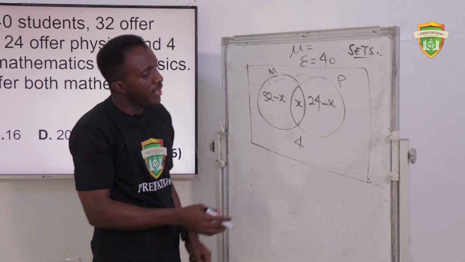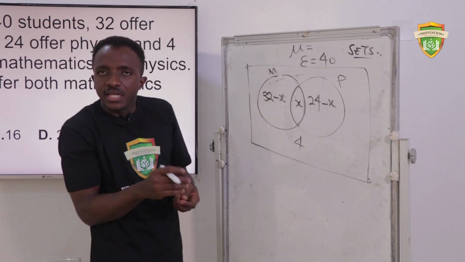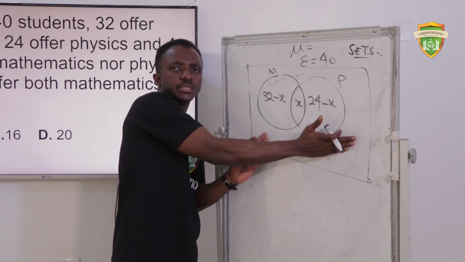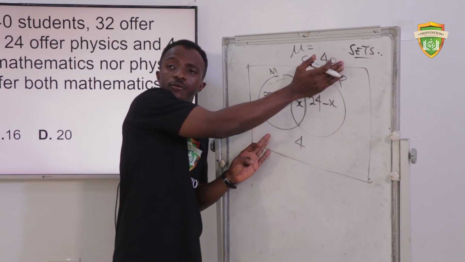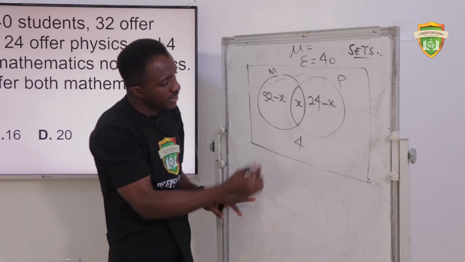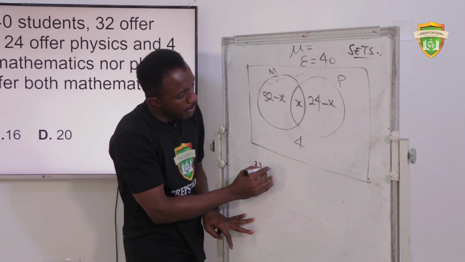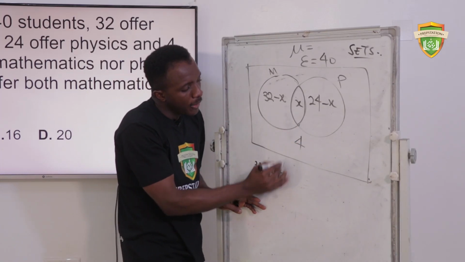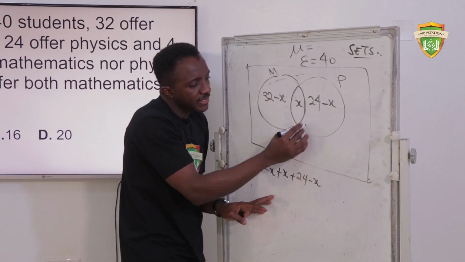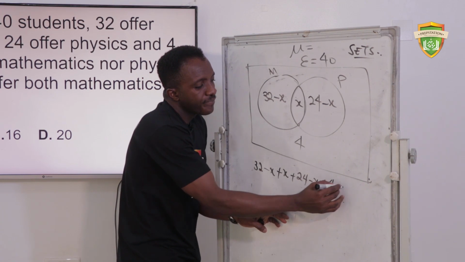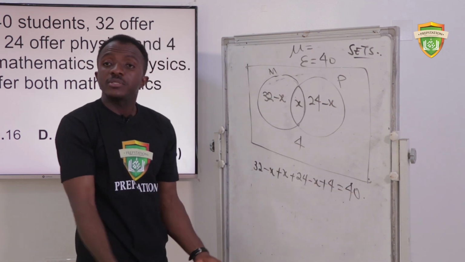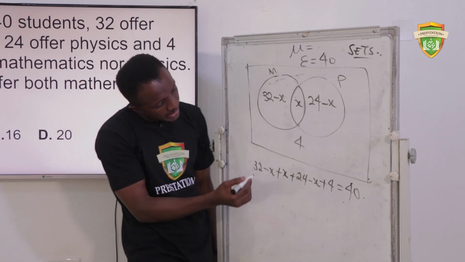So ideally, if we add everything inside this box, it will give us the universal set. That's why I said the universal set is the sum of all the sets. So we have 32 minus x plus 24 minus x plus 4. This is expected to give us the total number of students in the class. So we can add that.